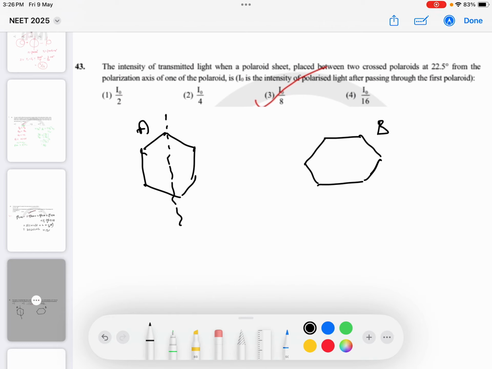So here I am taking one more. Here this can be taken as theta. Here the angle is 90 minus theta.